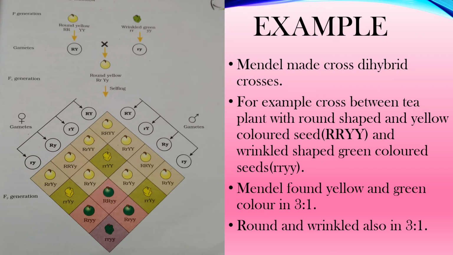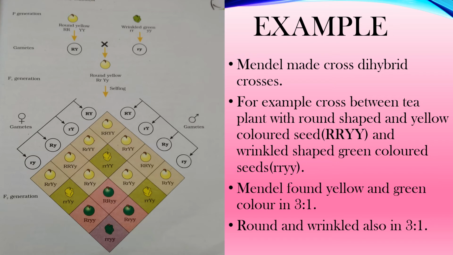But the recessive character cannot be expressed by a single small r. It needs one more allele of the same type. Whenever there are two small r, then it will be wrinkled. So keep in mind that the recessive character requires a pair of alleles to express itself.